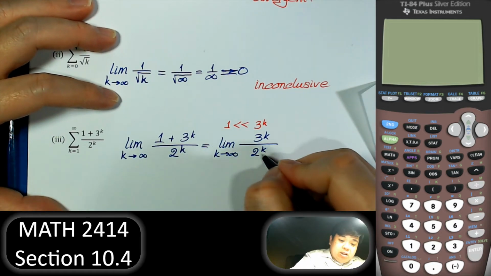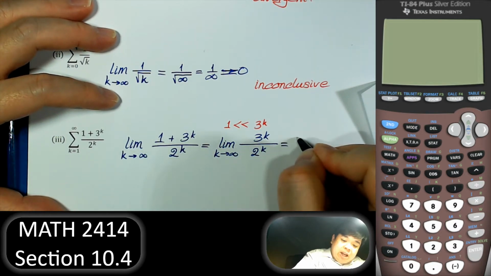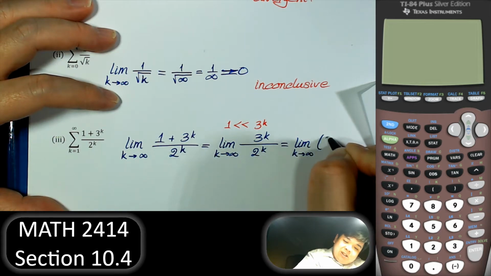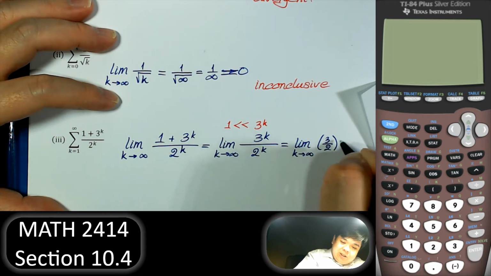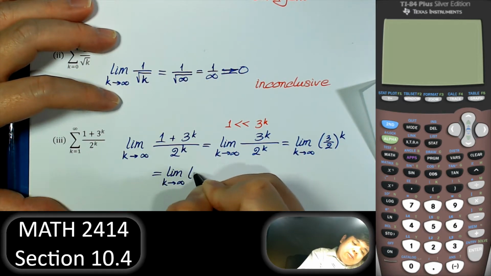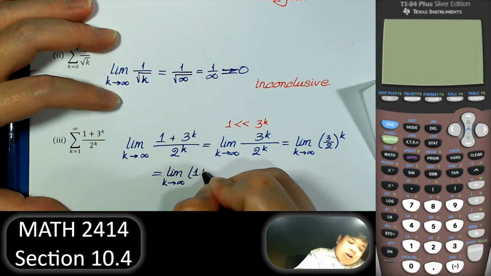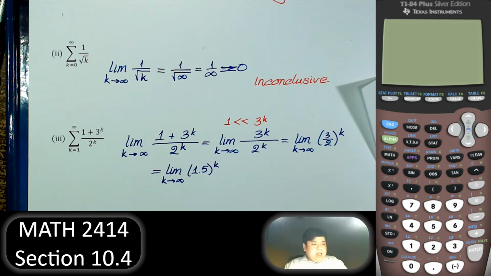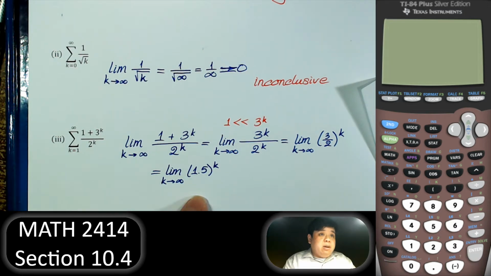Since both of them have the power of k, I'll factor it out. 3 over 2 is 1.5, sorry. Now, remember this is a geometric sequence term.